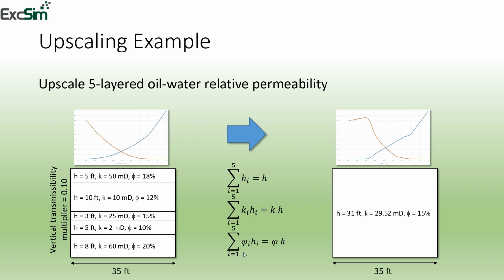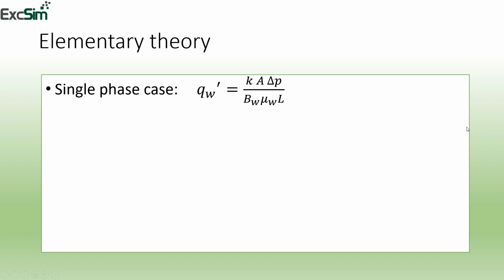And you want also to preserve the pore volume, which in this case would give a thickness of 31 feet, obviously. And the permeability in the upscaled model would have to be 29.5 millidarcy, and the porosity would be 15%.